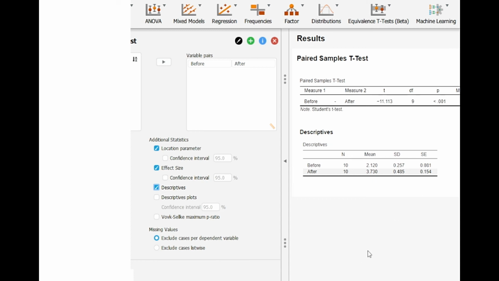Okay, so I hope you can see it in the table. I'll just maximize a little.